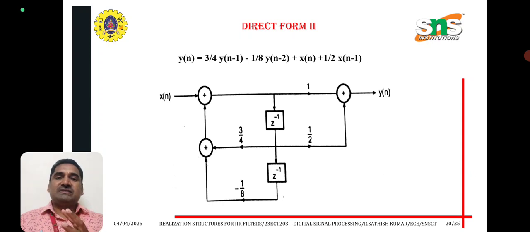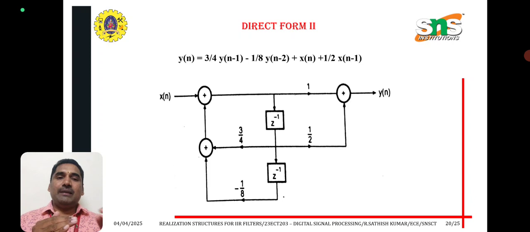This direct form 2 structure is 3 by 4 into y of n minus 1 minus 1 by 8 into y of n minus 2 plus x of n plus 1 by 2 into x of n minus 1. In direct form 2 structure, y of z divided by x of z is equal to y of z divided by w of z into w of z divided by x of z.